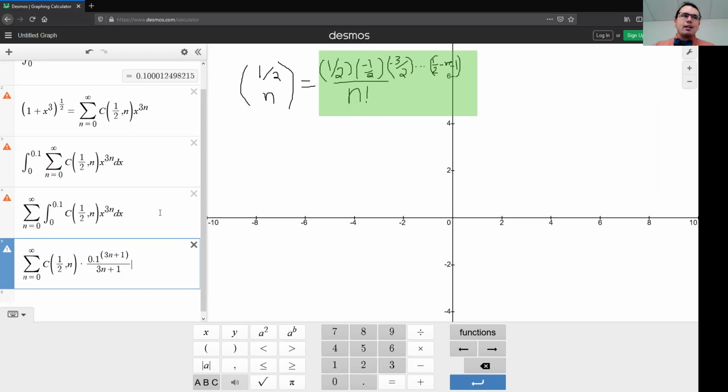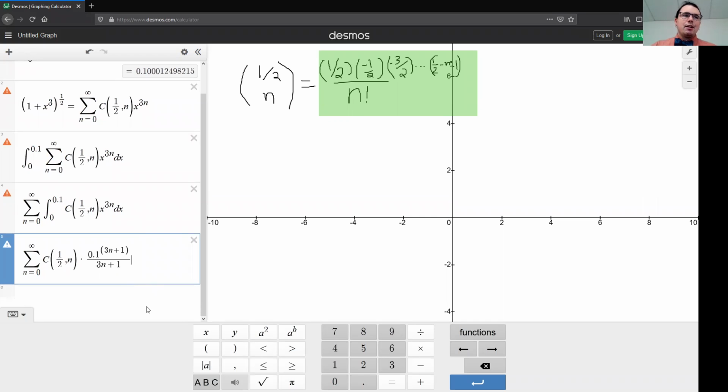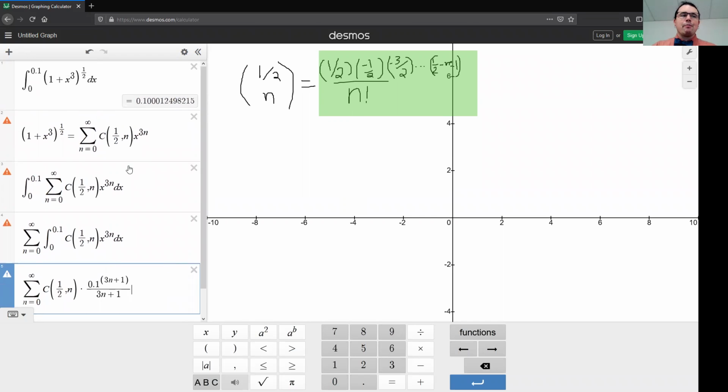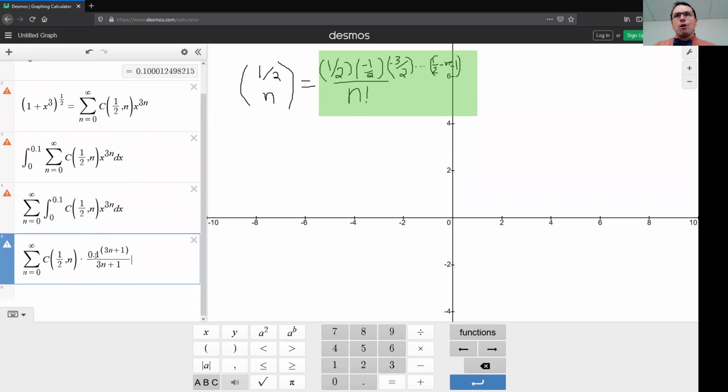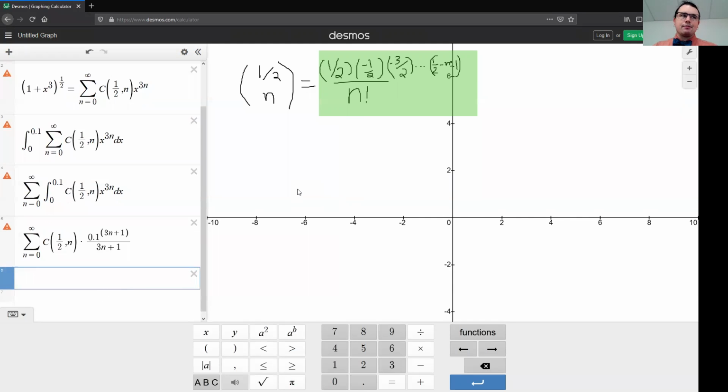So now it comes time to figure out my margin of error. How far do I have to go to approximate this function? This is where I really do need to evaluate my binomial coefficient. So rather than use a slider, I'm going to be putting these in by hand.